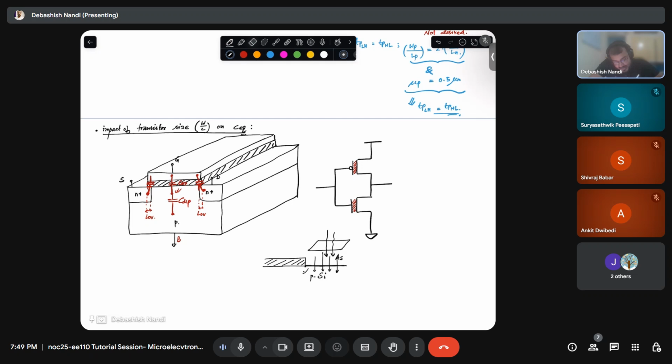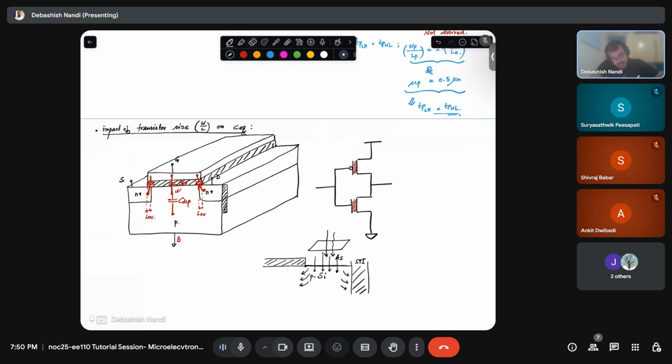it tries to laterally diffuse in these directions as well. Here you will have something known as STI, which is nothing but your oxide. So it will not go into the right side direction, because there it is seeing a hard boundary. But on the left side, it will start to diffuse.